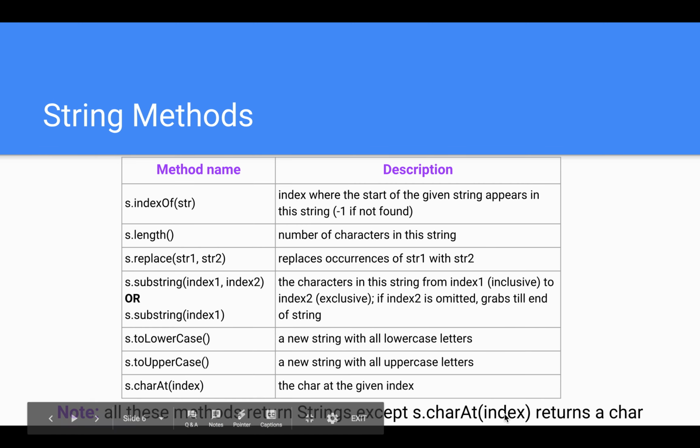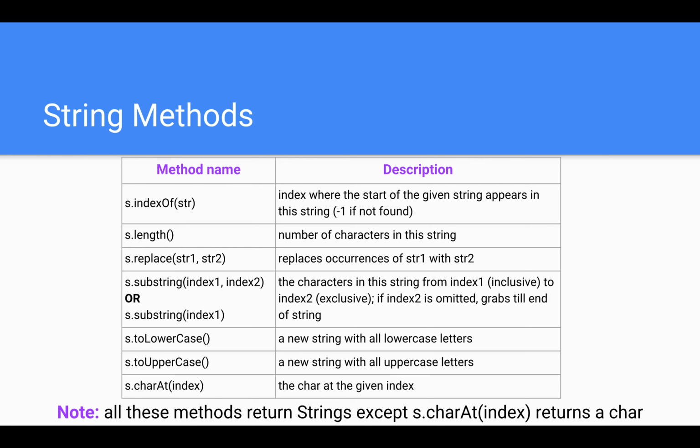So here are some string methods. s.indexOf(string) returns an integer, which is the index of the start of where the given string appears in s, and it's -1 if it's not found. s.length is the number of characters in the string. s.replace(string1, string2) replaces every occurrence of string1 with string2. s.substring(index1, index2) gives the characters in the string from index1 inclusive to index2 exclusive.